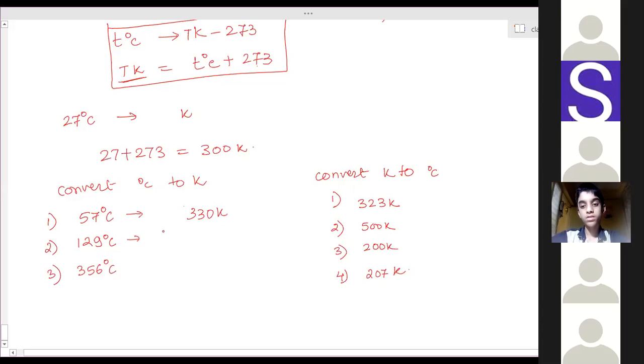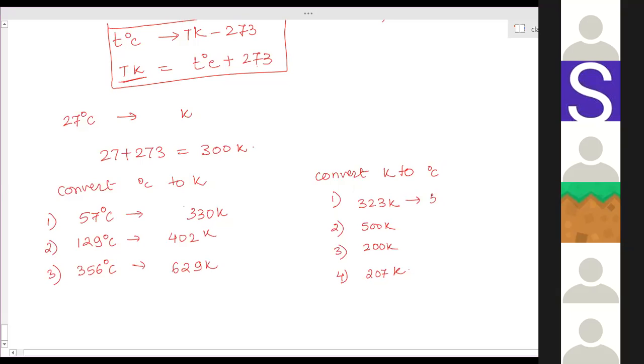Okay. Second one, 402 Kelvin. Okay. Third one, 629 Kelvin. And then this side, 323 Kelvin is 50 degrees Celsius. Okay.